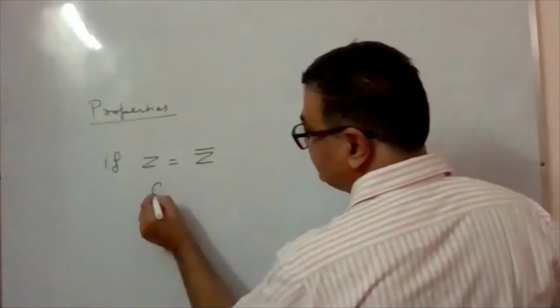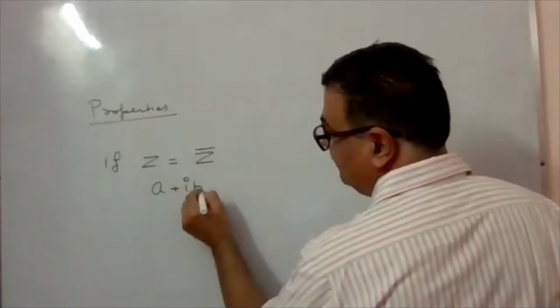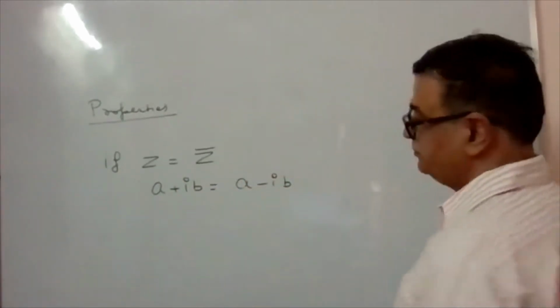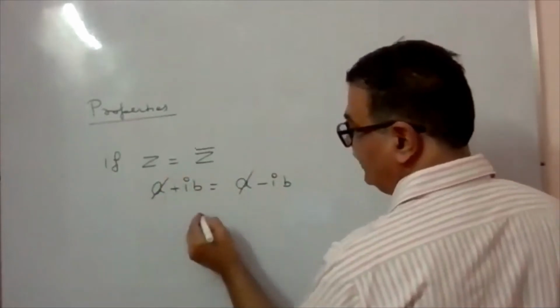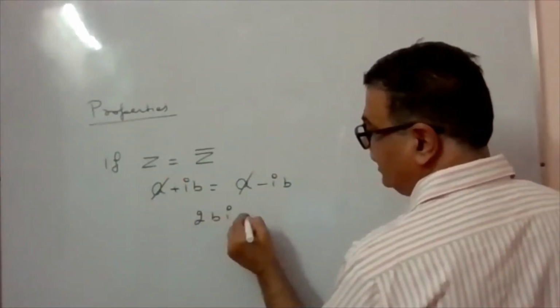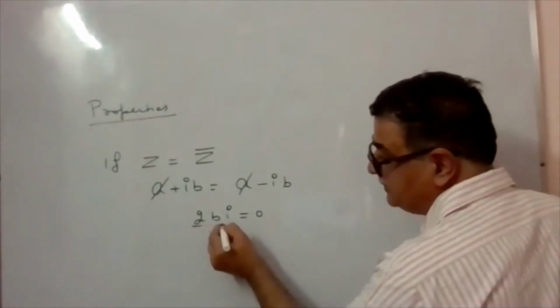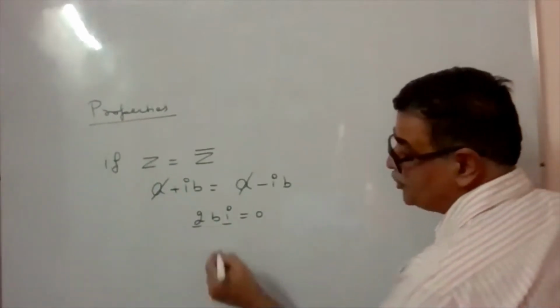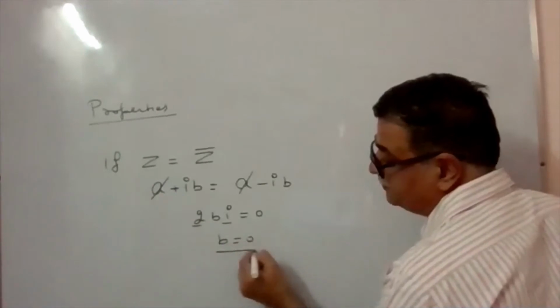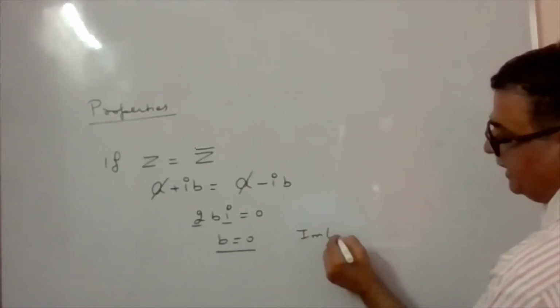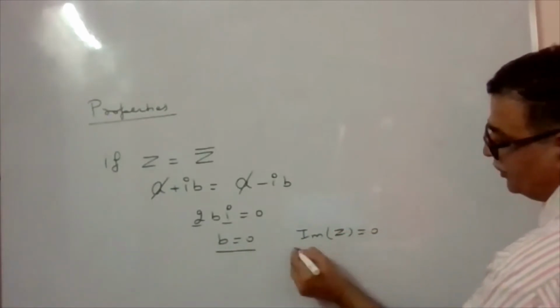A plus iota B, here it will come A minus iota B. A gets cancelled out. I got 2B iota coming 0. Neither 2 can be 0 nor iota can be 0. We should have only B coming 0. B coming 0 means imaginary part of Z is 0.